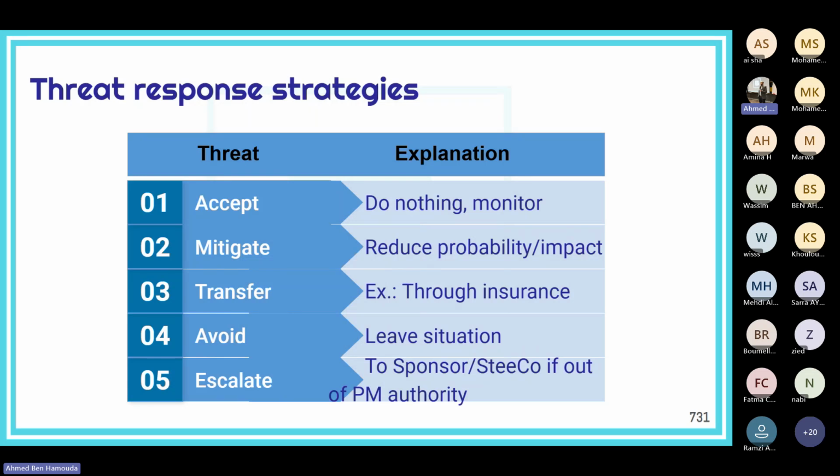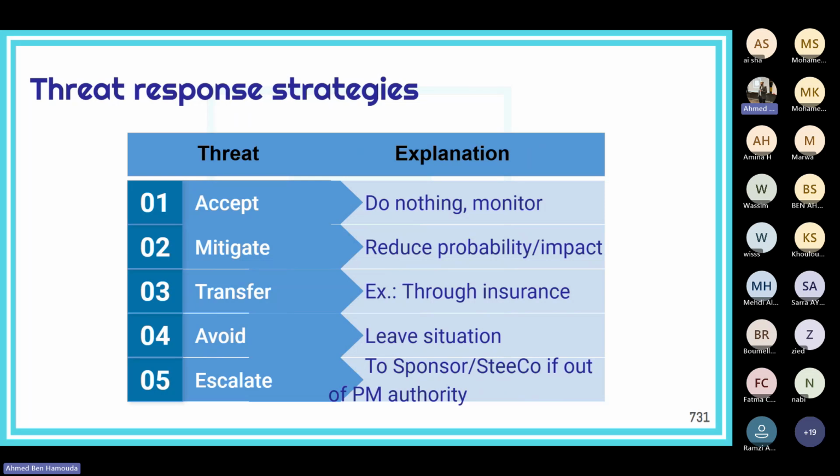Another response strategy is to avoid risks, which is to leave the situation, to avoid the situation where the risk is coming from. And we will see a few examples later in the questions at the end of this session. Or in case a threat exceeds your power, your level of authority as a project manager or as a team, then you escalate it to the project sponsor or the steering committee.